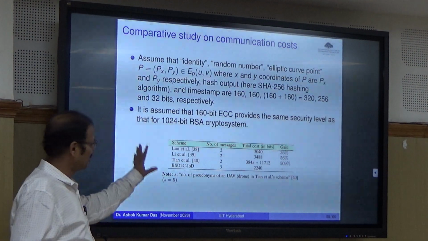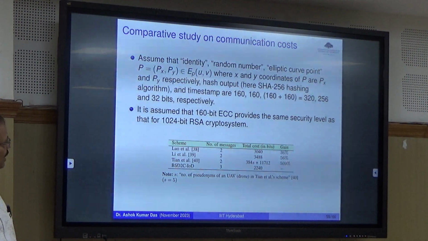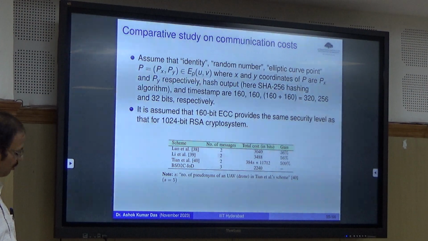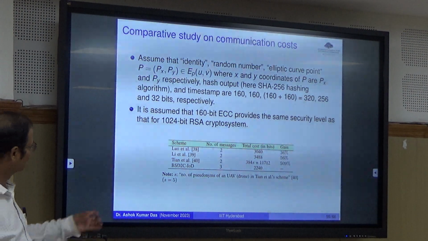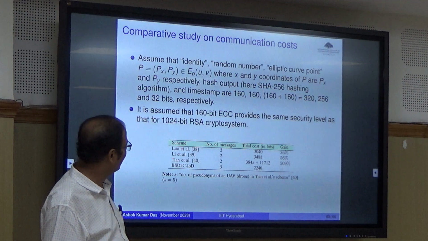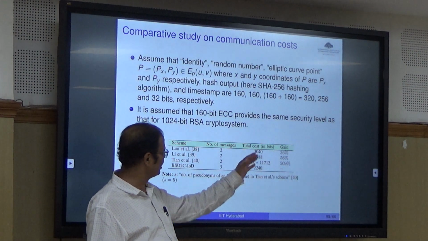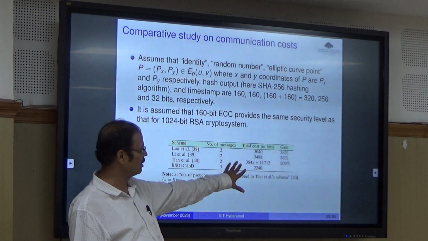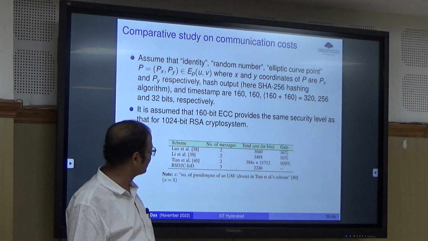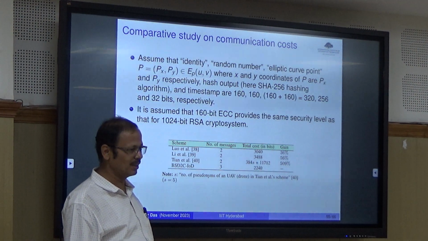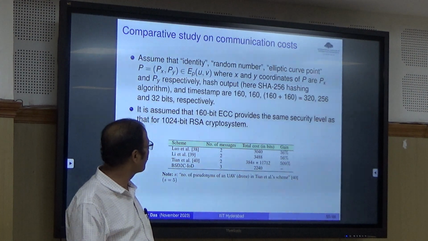Then we have taken the state-of-the-art solutions, the schemes of U et al. and D et al., and it has been shown in this table the number of bits required in the communications.